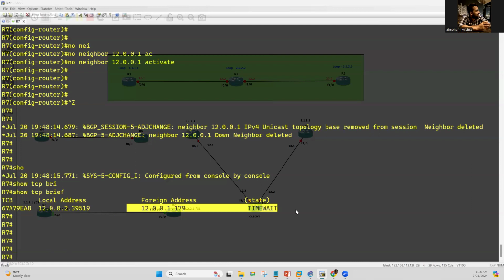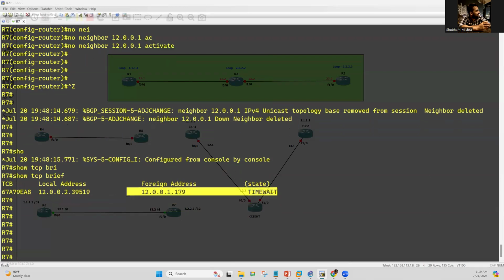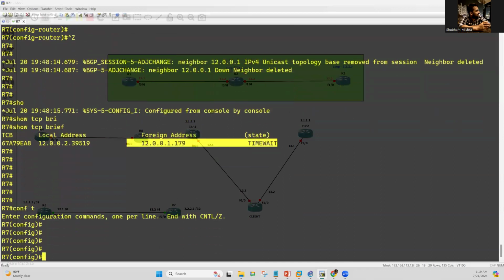When you change any BGP configuration, you will find the TIME_WAIT condition. Second is when you manually shut down the BGP sessions. Are you getting my point? Yes or no? Everyone.